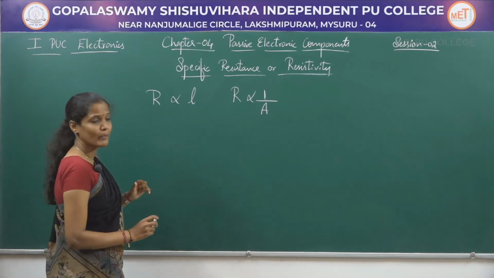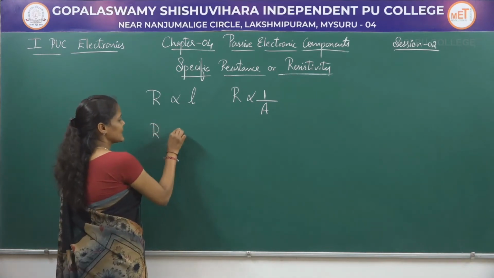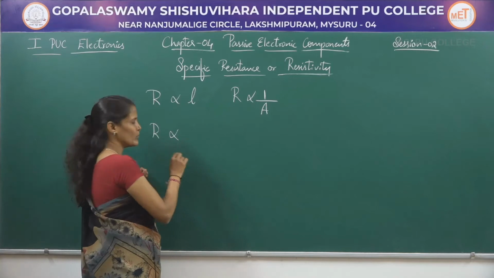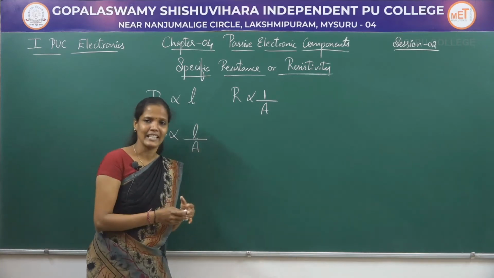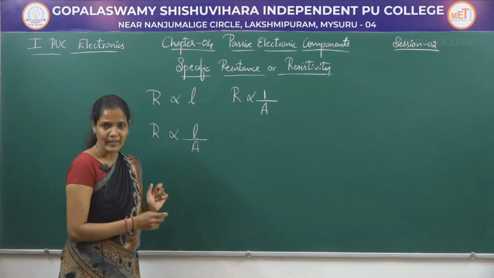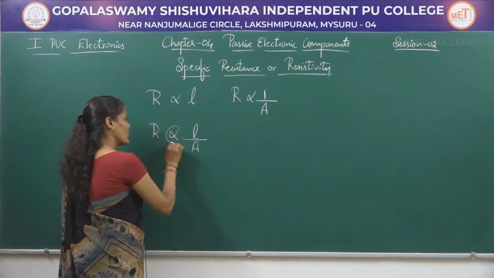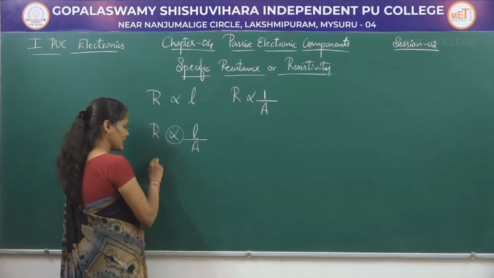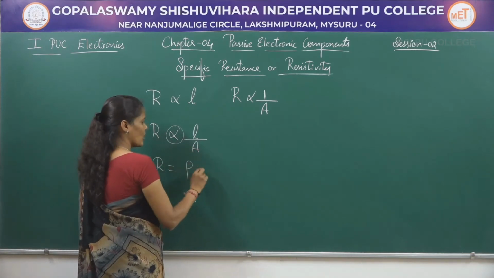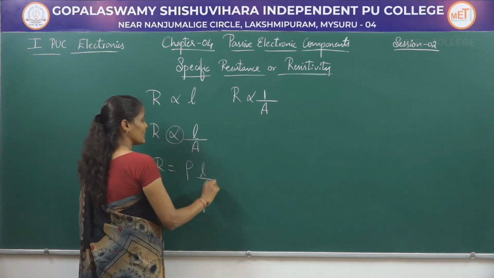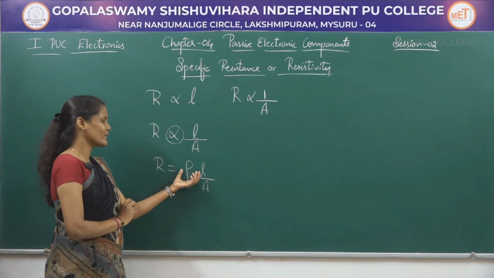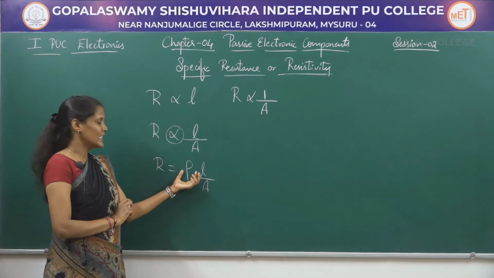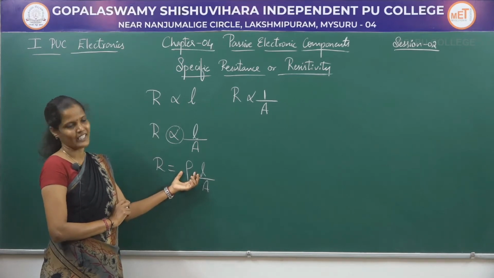When I am going to combine these two, I will be getting the resistance R is proportional to L divided by A, where L is again the length and A is nothing but the area of cross section. And this proportionality constant will be replaced by rho, which is nothing but the specific resistance or the resistivity. And the specific resistance or the resistivity depends upon the material of the conductor.